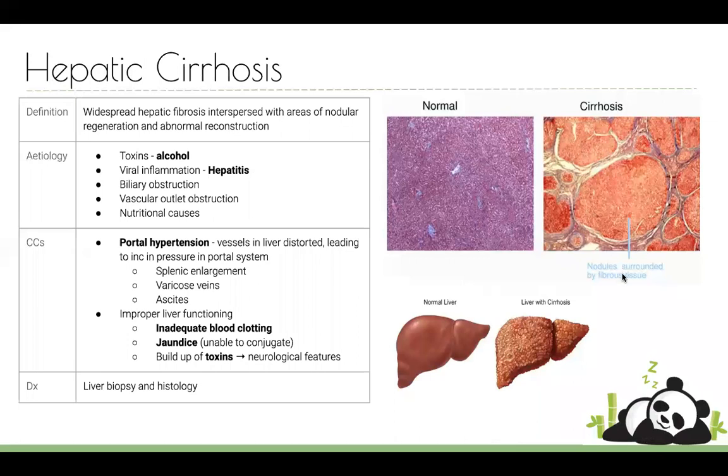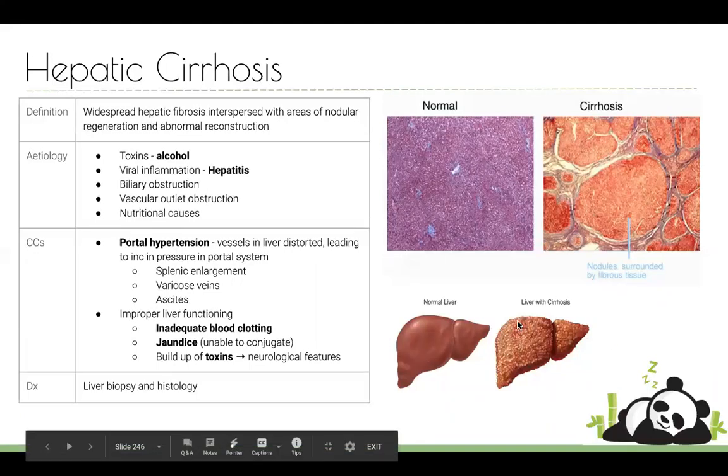Hepatic cirrhosis is when you're getting fibrosis of your liver. Usually it's due to alcohol or hepatitis. So in your history, ask about alcohol and ask about IV drug use, transfusions, tattoos and stuff where the virus for hepatitis could have been spread. The major complications, like I mentioned before, are portal hypertension, but also the liver can't function enough.